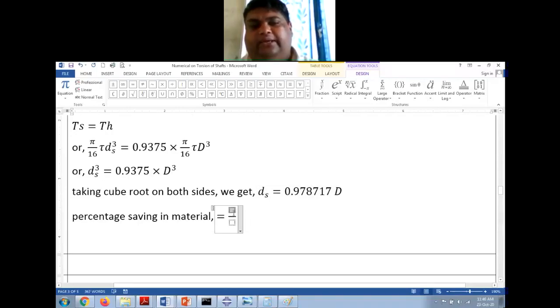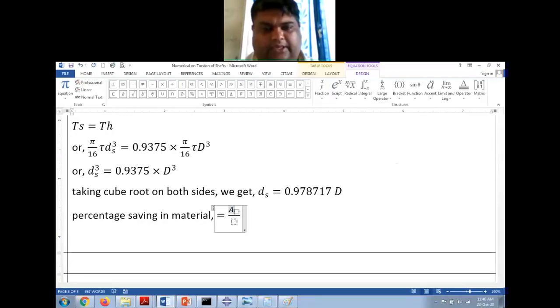So if you take the percentage change in the cross section, you will get the percentage saving in the material, right? So I will call this as A. Just copy this.